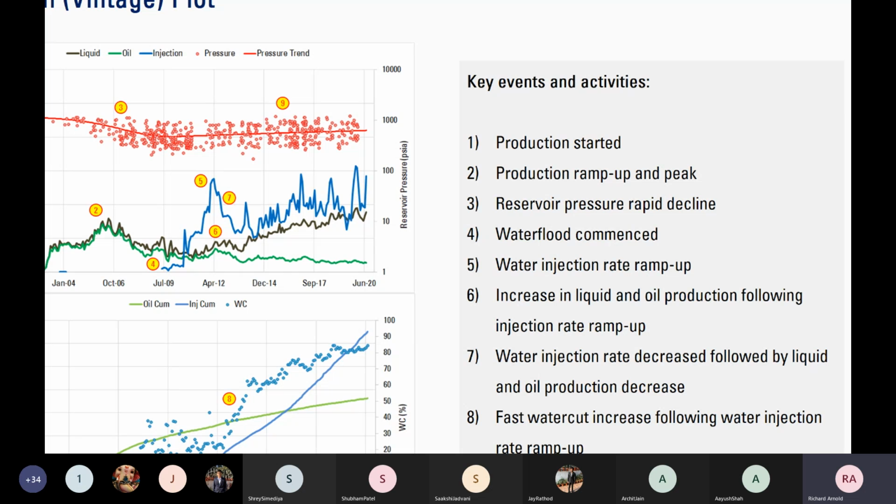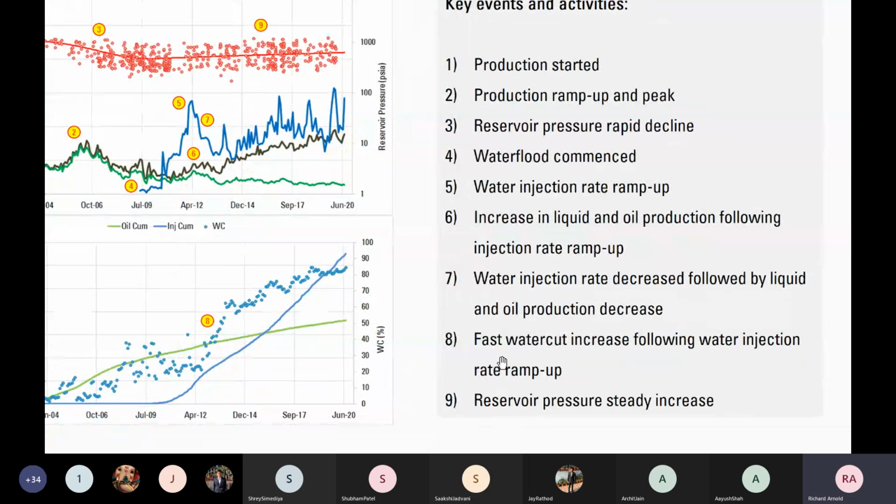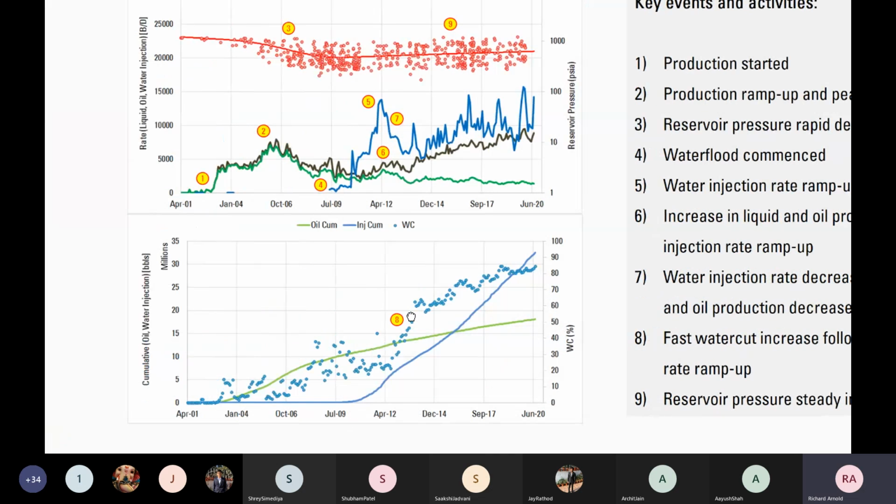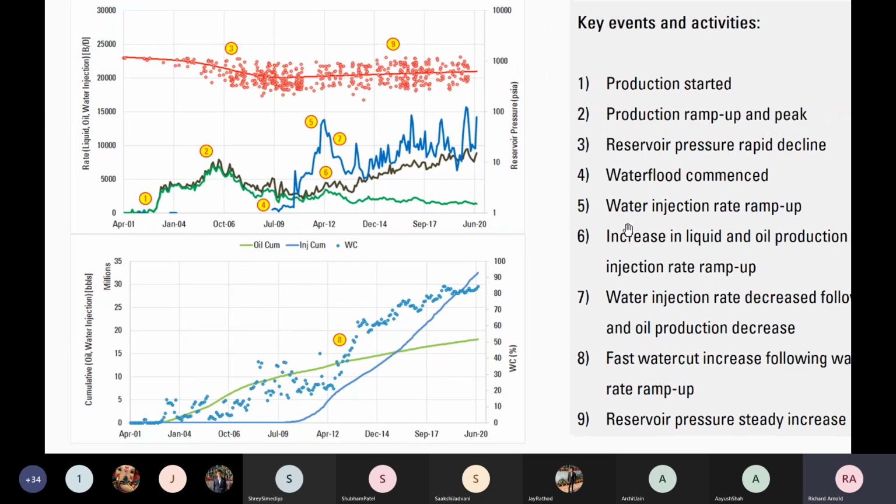And at number 8, fast water cut increase following the water injection rate ramp up. At number 8, the water cut increased rapidly. So what we did in number 5 may give us higher production for a while, but at the same time, unfortunately, the water cut increased rapidly as well due to the ramp up in the injection rate.